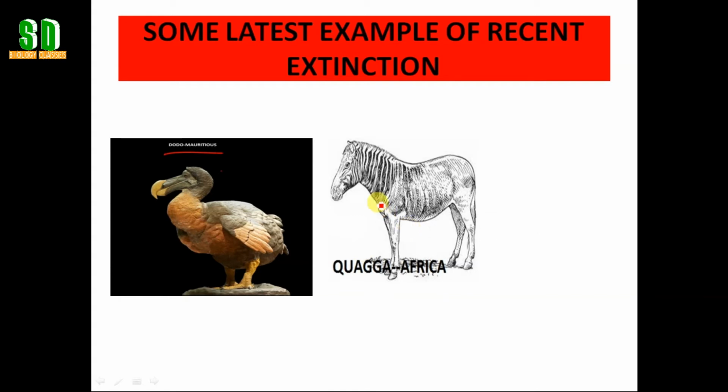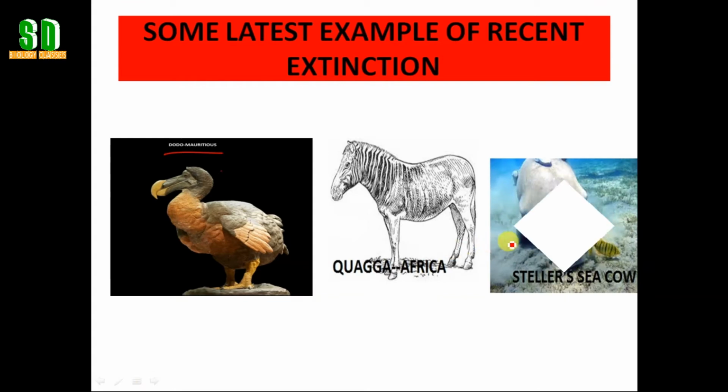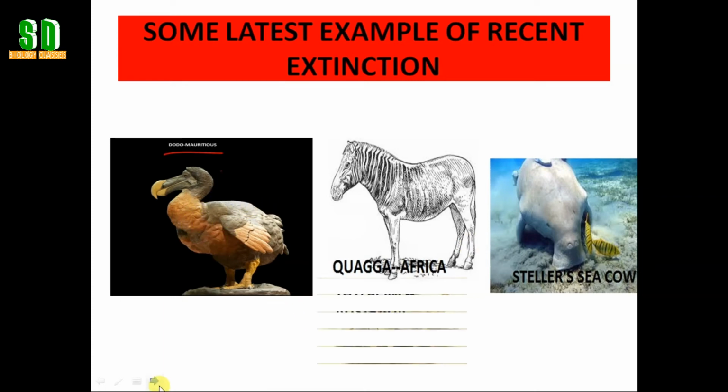You can see the similarity with the zebra. Yes, it is the subspecies of plains zebra that lived in South Africa. It also got extinct. Another example we will see is the Steller's sea cow. It is an extinct sirenian found in the Bering Sea between Alaska and Russia. So these three species we cannot see in our surroundings nowadays. They got extinct due to human activities.